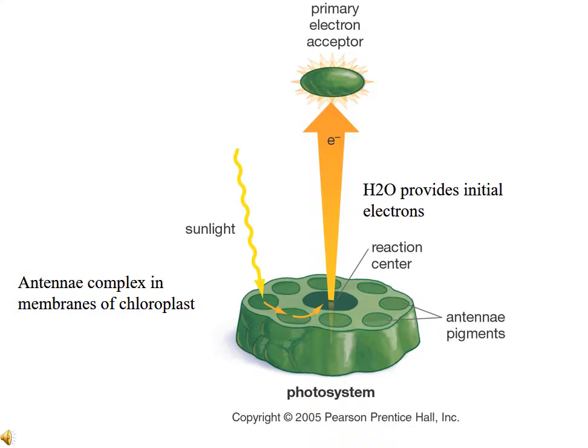So now let's look into a little more detail as to how this process works. In the light reaction, what happens is that within the membranes of the thylakoids, we have these complexes. They're basically photosystems.